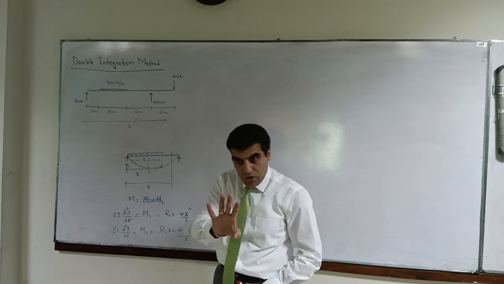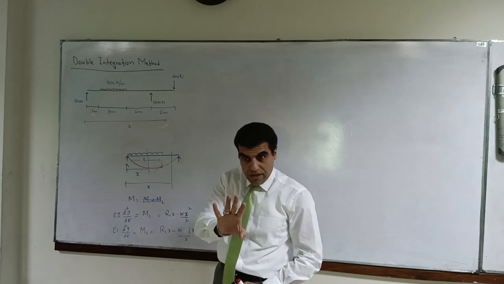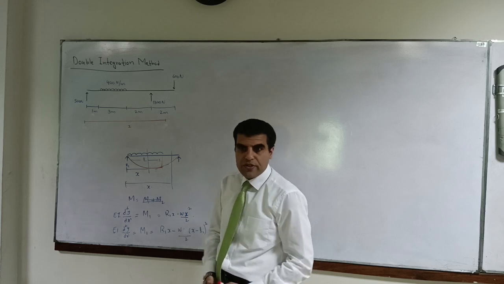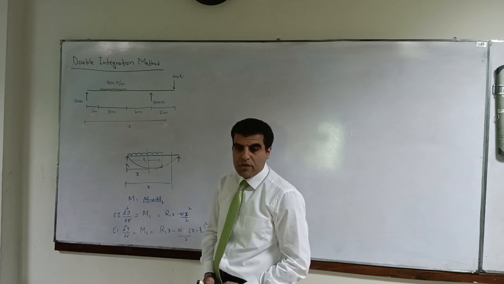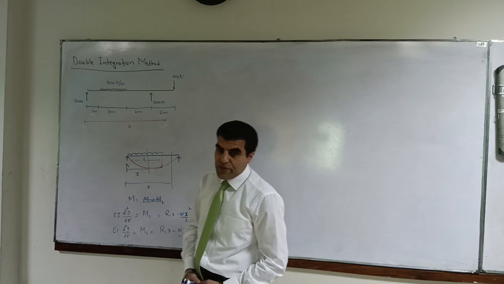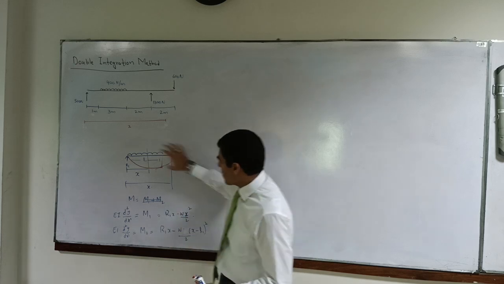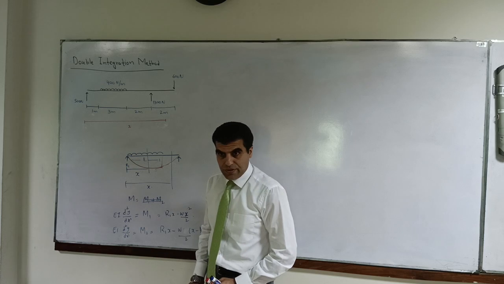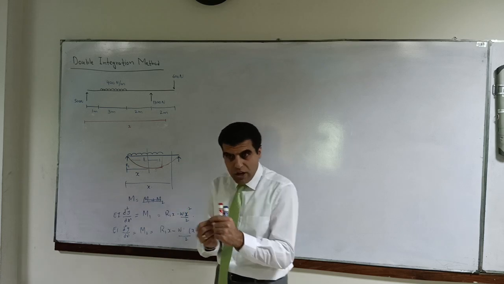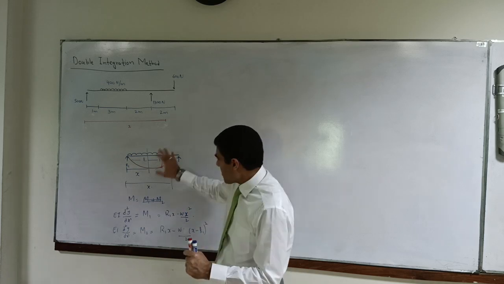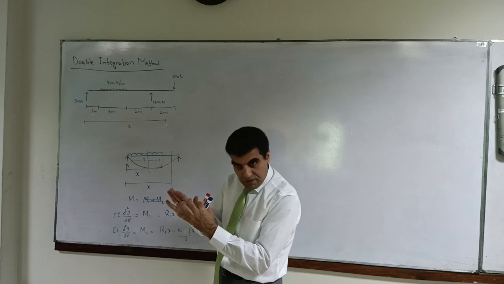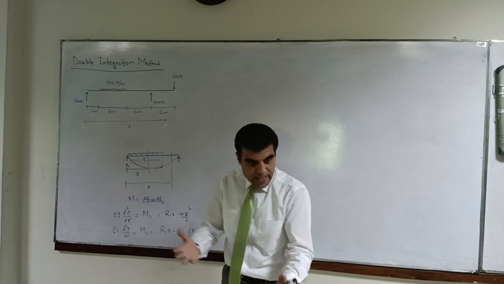Okay, so you have got four constants now. Two constants are based on the boundary conditions. Agreed? Yes. And two constants you will derive based on compatibility of the curve. The curve is the same, isn't it?